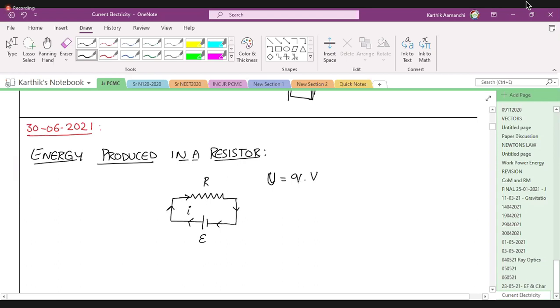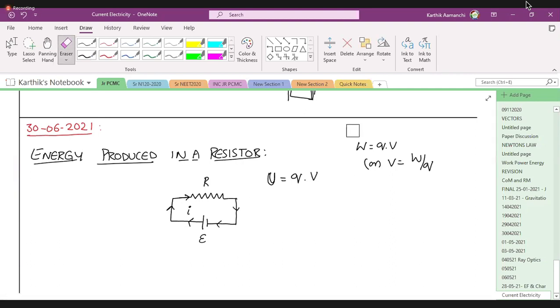Energy supplied by battery, Q into V, no? Potential is equal to work done by charge, right? So can I say W is equal to QV, and we already know work is nothing but energy. So energy is equal to Q into V.